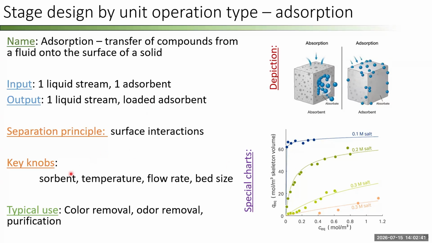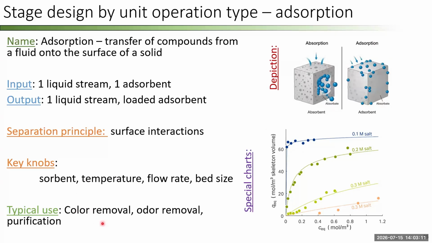Our key knobs that we can control are what that sorbent is, so whether it has different chemical functional groups sitting on the surface to bind things, the temperature at which we're operating, the flow rate, so how fast things are moving over that surface, and how much adsorbent we have. This is called bed size. If I pack a bunch of this material, how much material do I have?